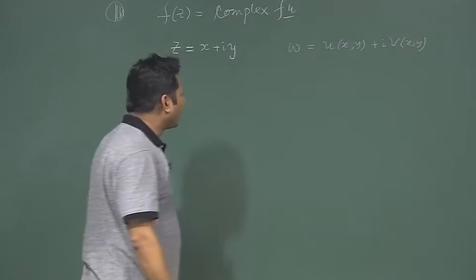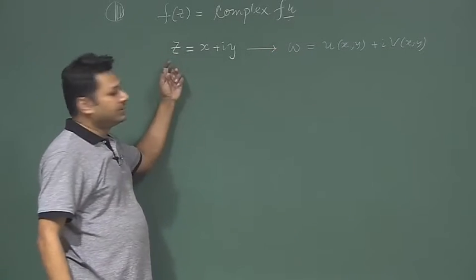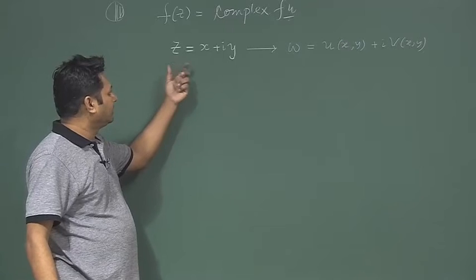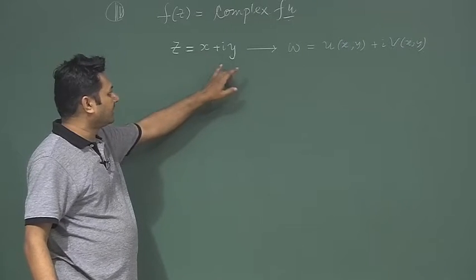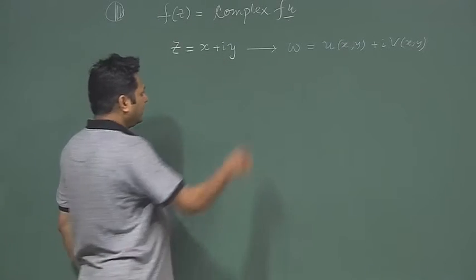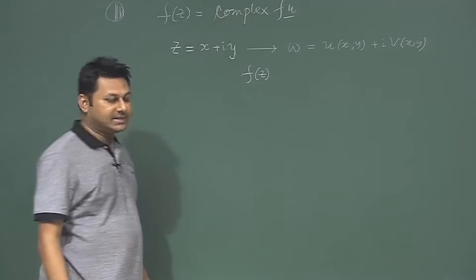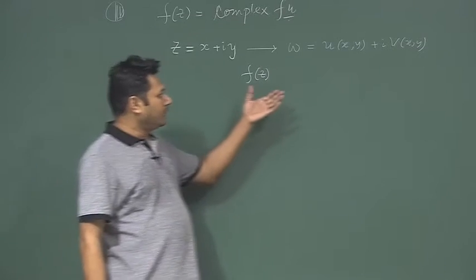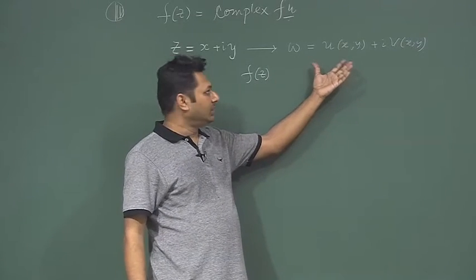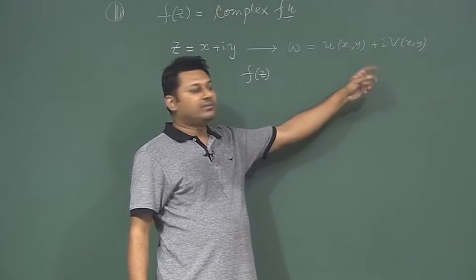This is not a single variable, this is a dual variable, two variables x and y are associated with it. And when x and y are related by a rule I called f(z), then in the W plane we have another complex number u plus iv, where u and v are functions of x and y.